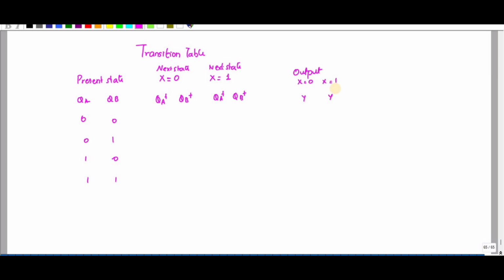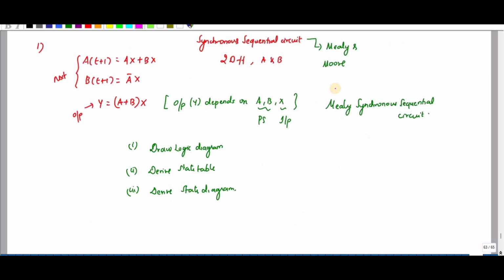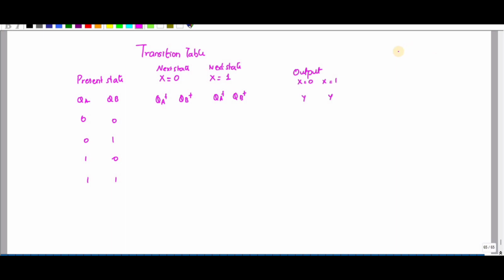Let me write what y is. y is equal to QA plus QB into x. So if the x value is 0, y is QA QB plus x.